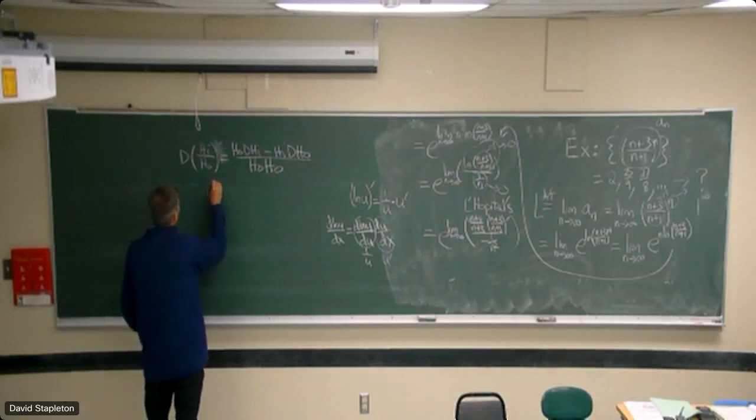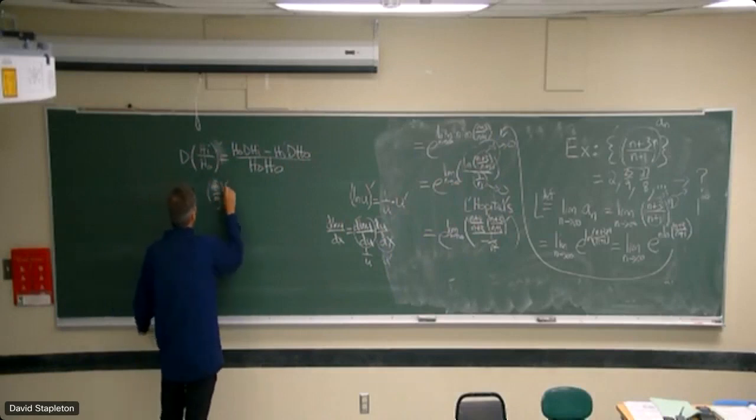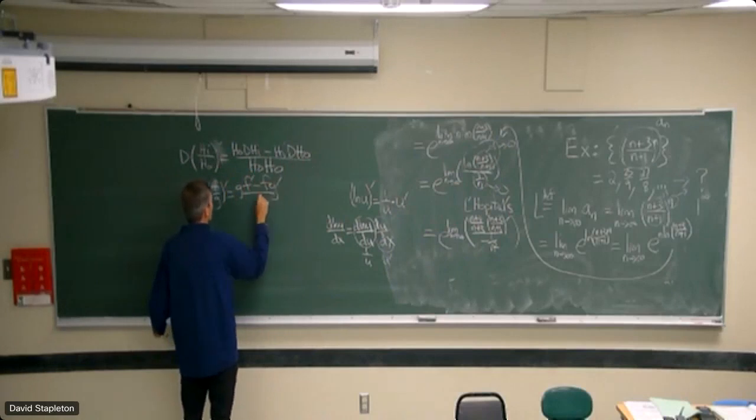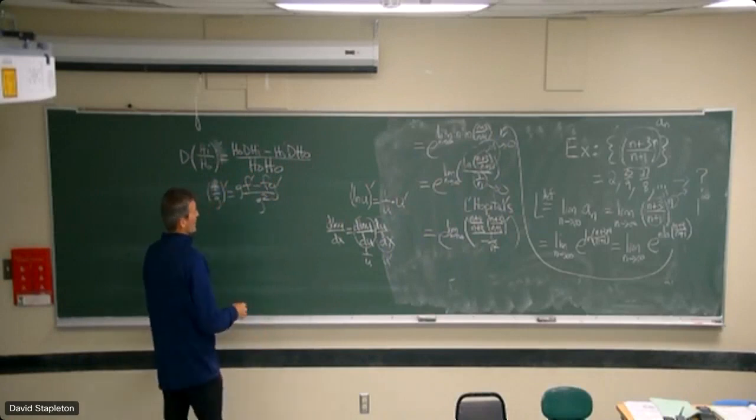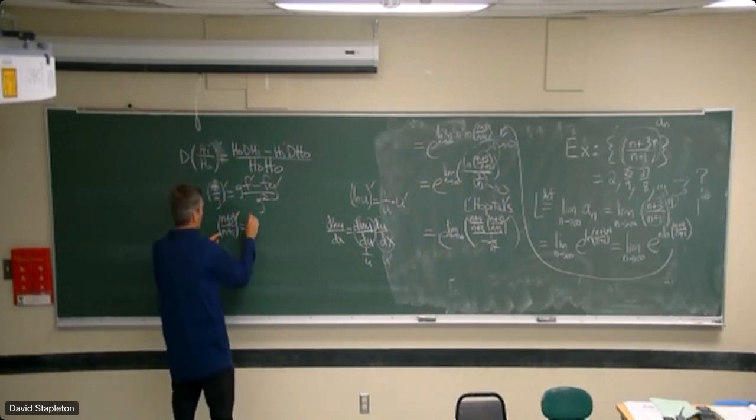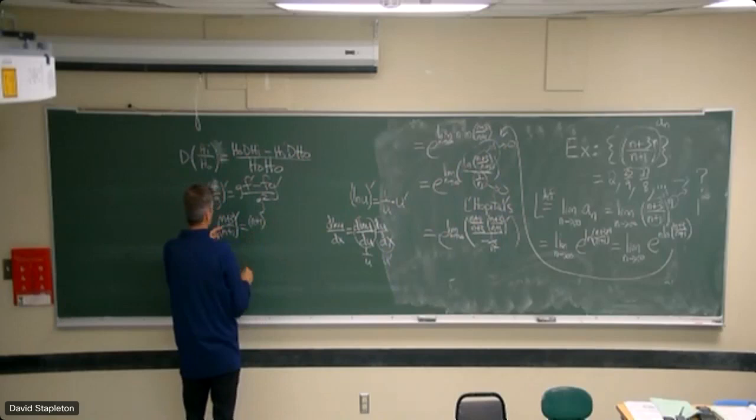f over g prime is g f prime minus f g prime over g squared, is what that says. And so for the derivative of n plus three over n plus one, I can do it over on the side and say n plus three over n plus one prime is g, the bottom, n plus one, times the derivative of the top, minus the top times the derivative of the bottom, all over the bottom squared.